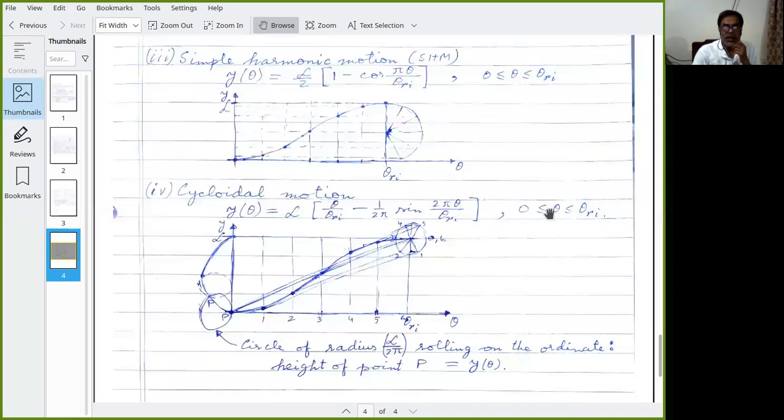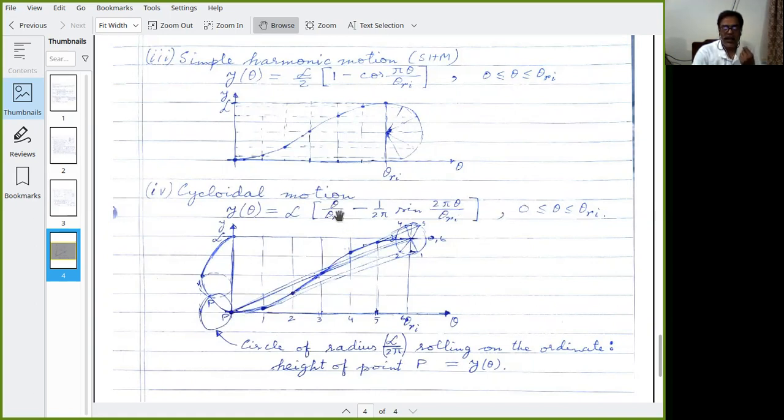At theta equal to 0, this is 0. The translation part is linear, so it is like this, and at theta equal to 0 this is also at 0. So P is here.